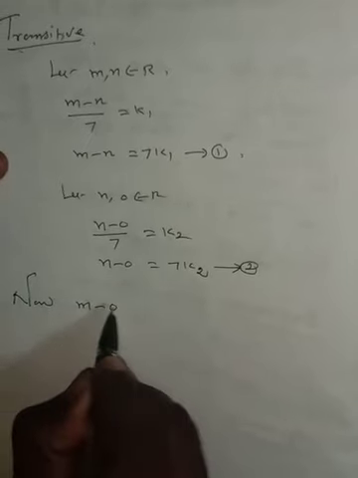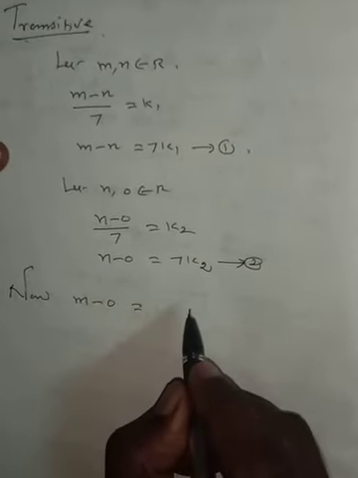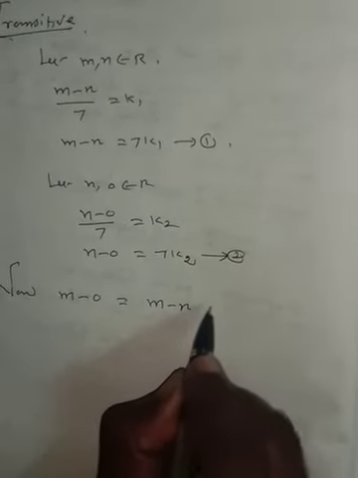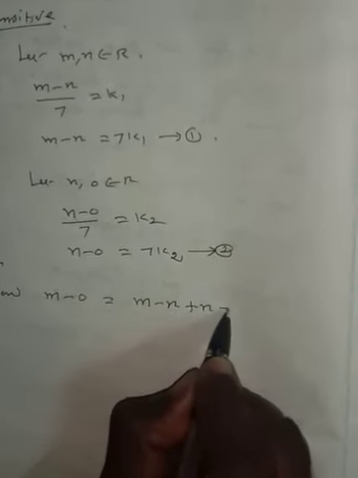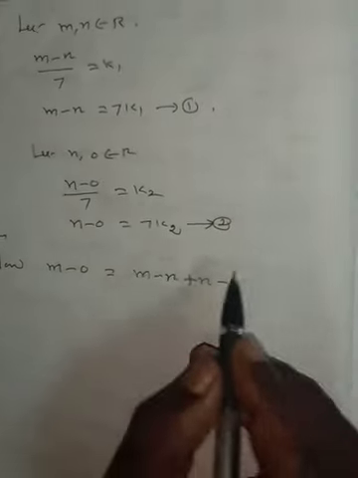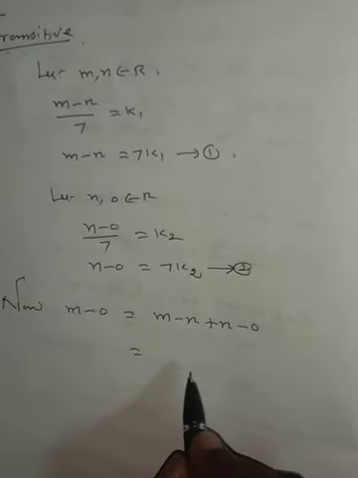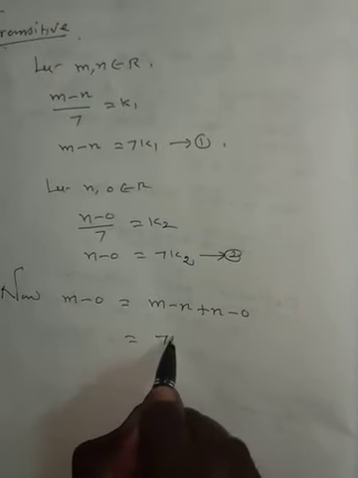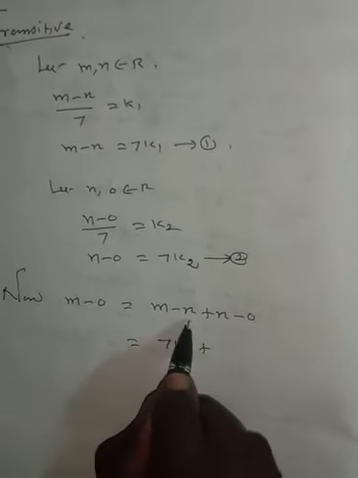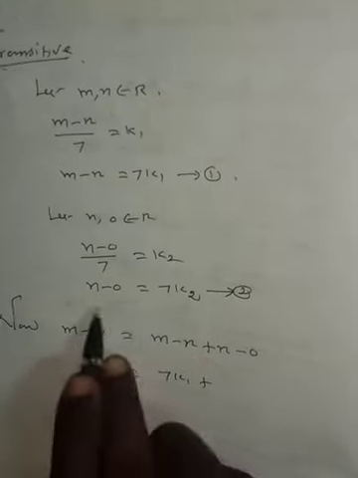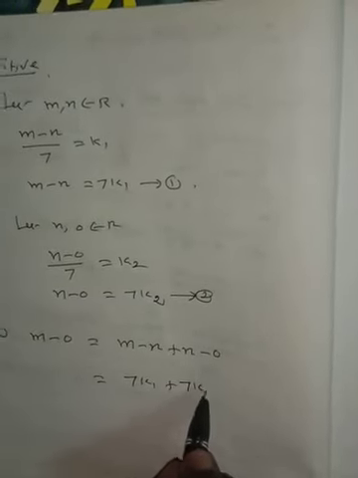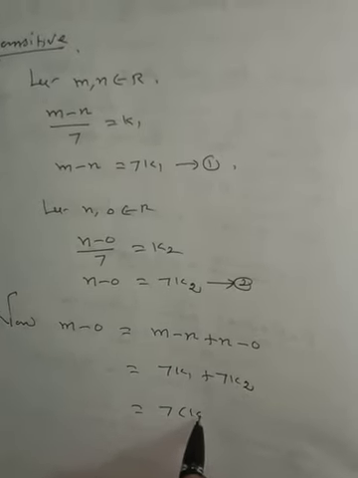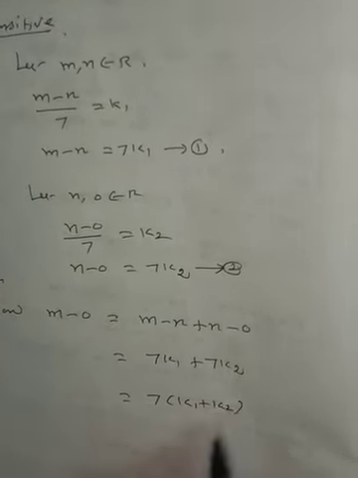Now m minus o is equal to, adding and subtracting n, m minus n plus n minus o. This means 7k1 plus 7k2. Taking common 7, 7 times k1 plus k2.